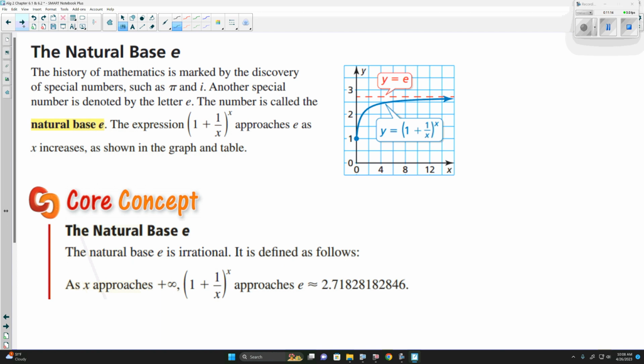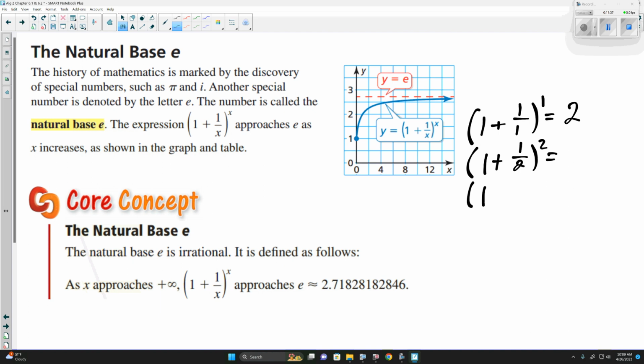So what they're saying is if we did it with 1, we'd have 1 plus 1 over 1 to the 1. Well, this is just going to be 2. And we take that value of 1 plus 1 over 2 to the second and add to it 1 plus 1 over 3 to the third, and keep adding all these values together to get what e is.